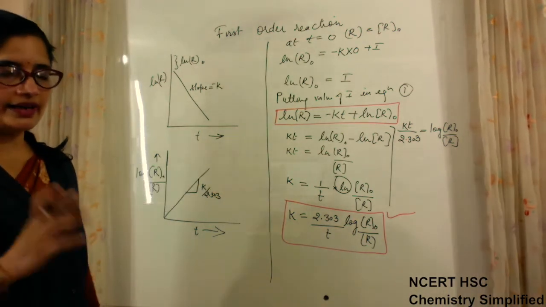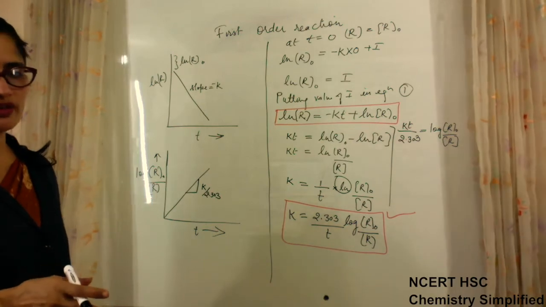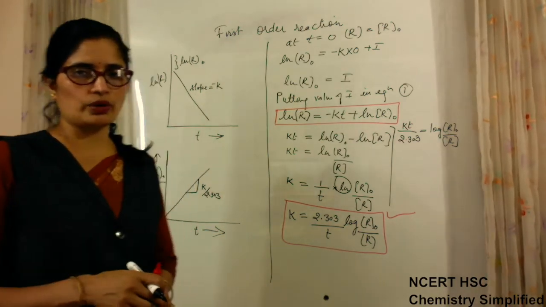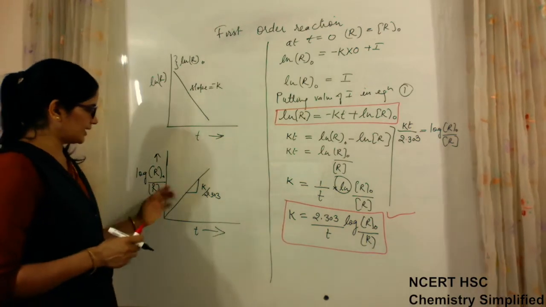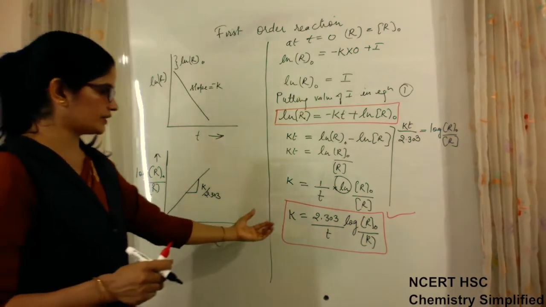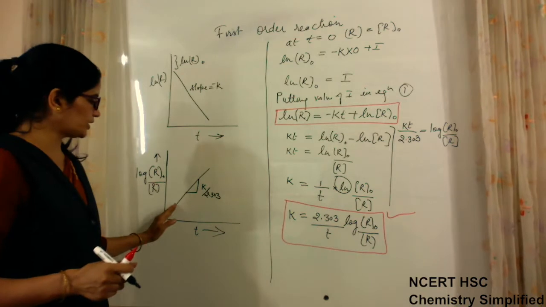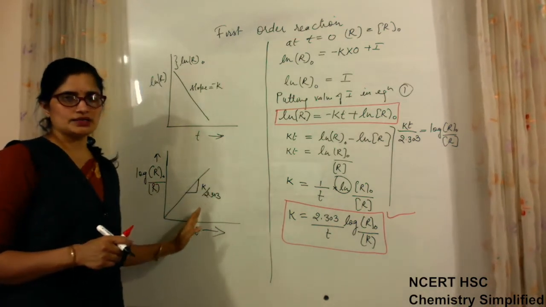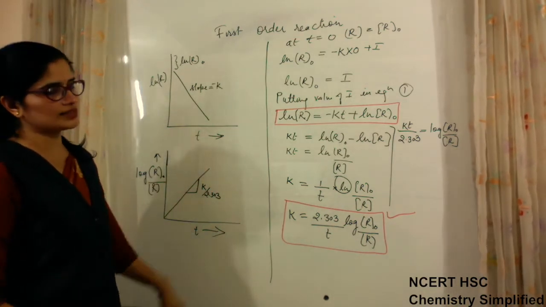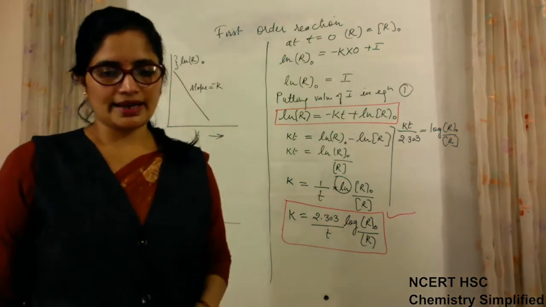So for finding out the kinetics or the order of reaction, whether it is first order or not, we plot all the values obtained, and if a straight line is obtained passing through the center, then that reaction is a first order reaction.